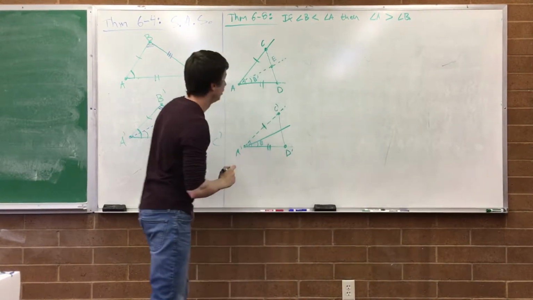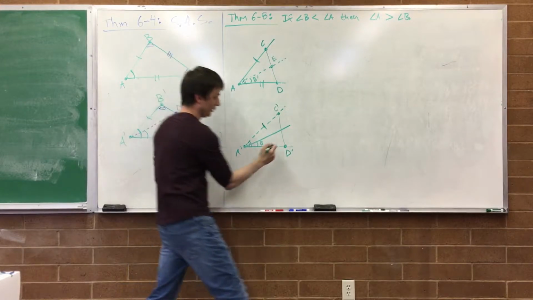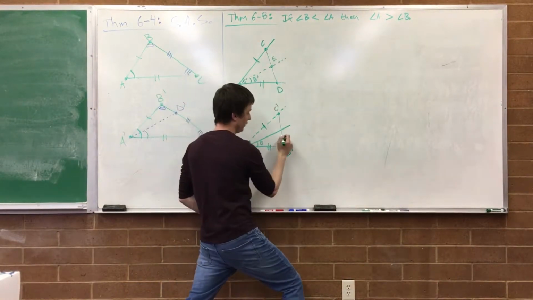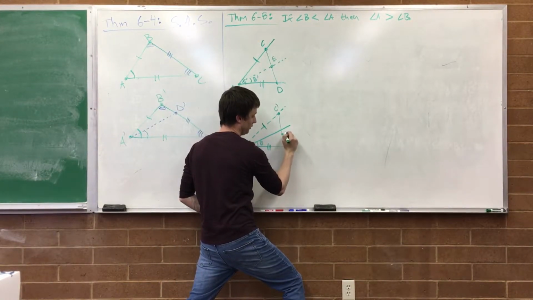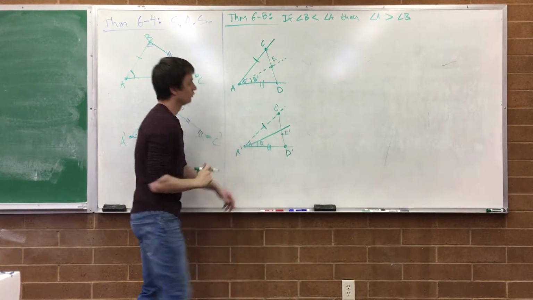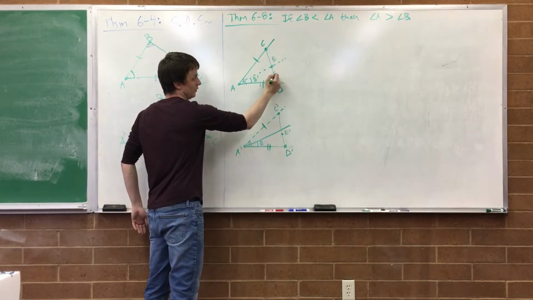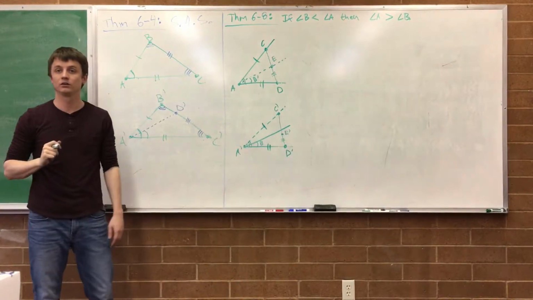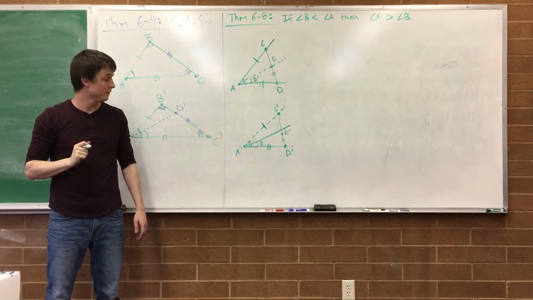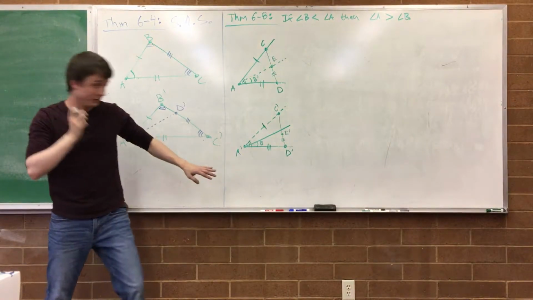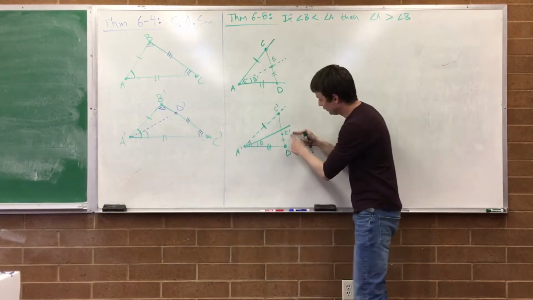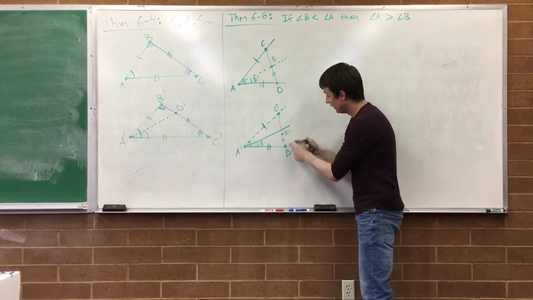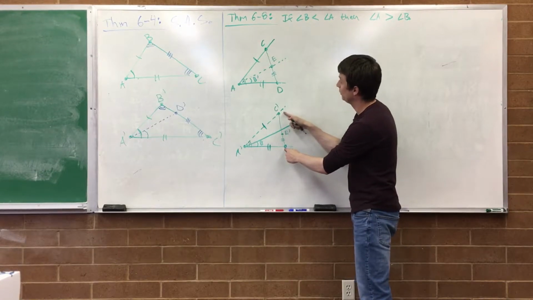Now, we're going to come over here and we're going to pick a point. Oh, sorry, that was E. We're going to pick a point E prime so that this is congruent to this. Now, we're going to know that E prime is in between D prime and C prime.